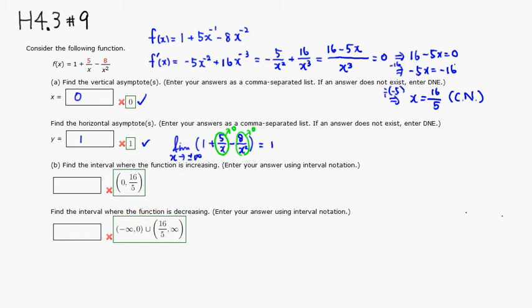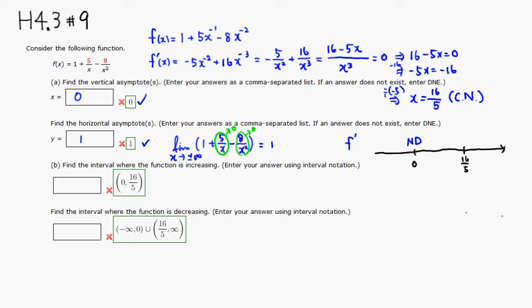Then we want to do the number line. 0 is a vertical asymptote there, so the function isn't even defined, so here's 0. Maybe I'll indicate it as not defined. And we look at f prime, and the critical number is 16 over 5.